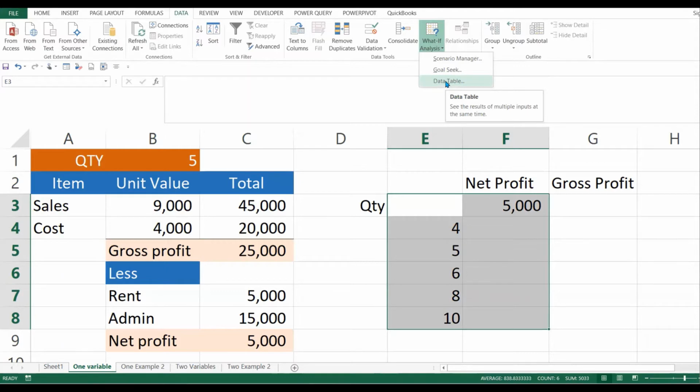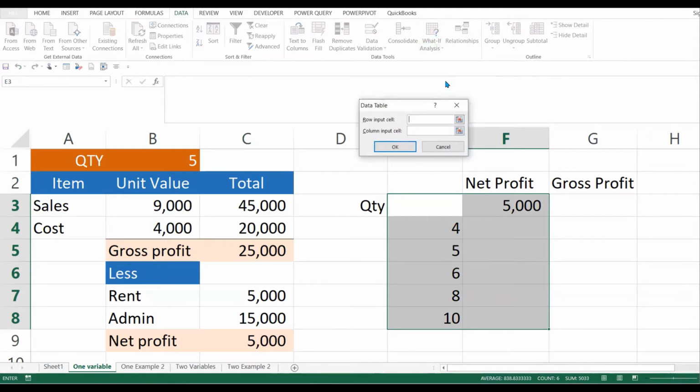So you click on data table. Now, it displays a dialog here which says data table, row input cell, and column input cell. So we are using one variable. In other words, our variable, what is varying, is the quantity. And this quantity is in column form.